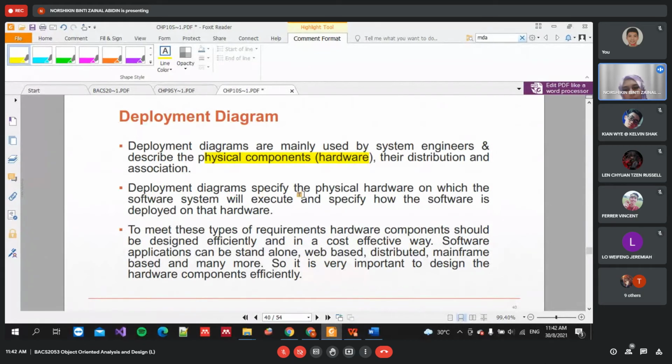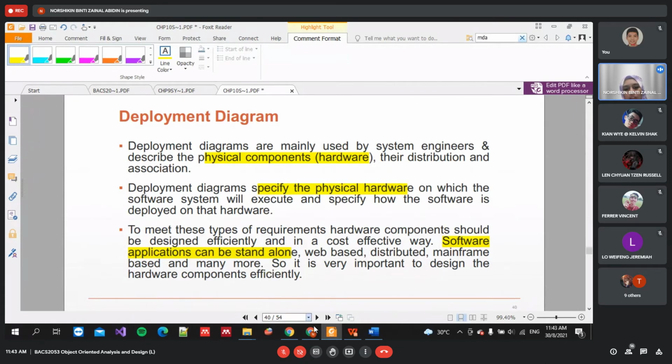A deployment diagram specifies the physical hardware on which the software system will execute, and how the software is deployed on that particular hardware. To meet this requirement, hardware components should be designed efficiently and in a cost-effective way. Software applications can be standalone, web-based, distributed, mainframe, and many more. So it is very important to design the hardware and components efficiently.